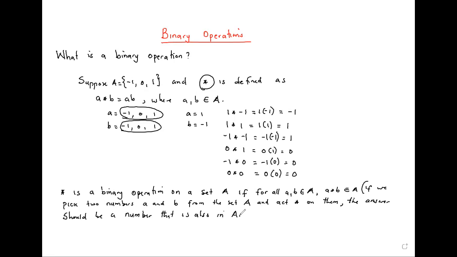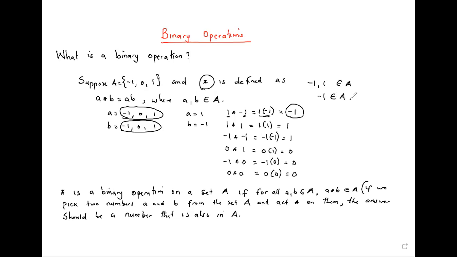As you can see, we got 1 and -1. Multiply the two numbers, we still got -1. So -1 and 1 came from A. The answer we got, -1, also is in A. That is the key definition of a binary operation.